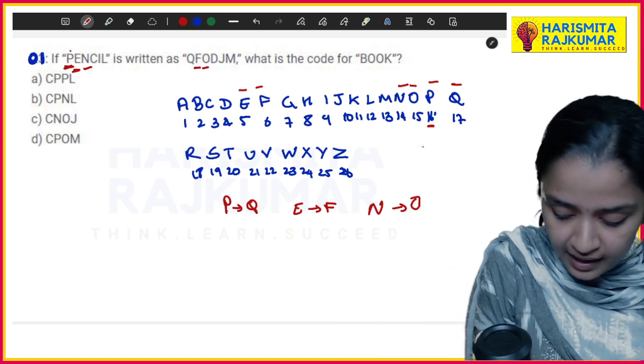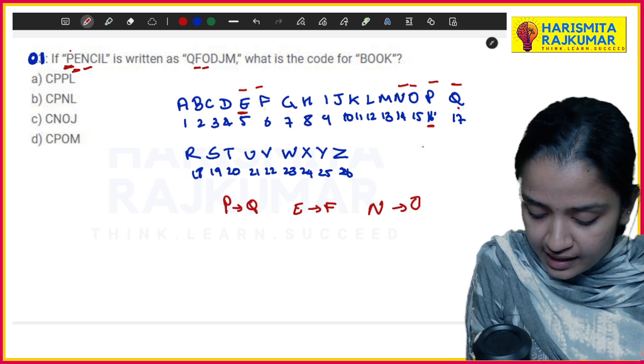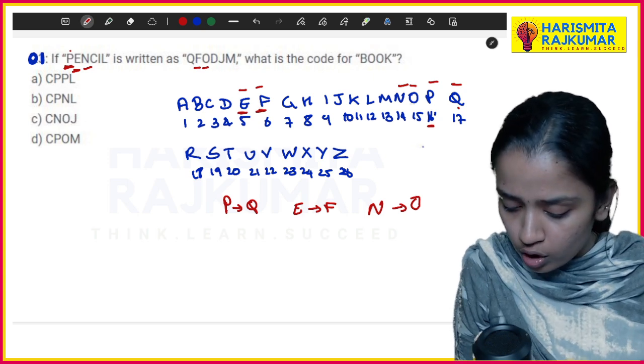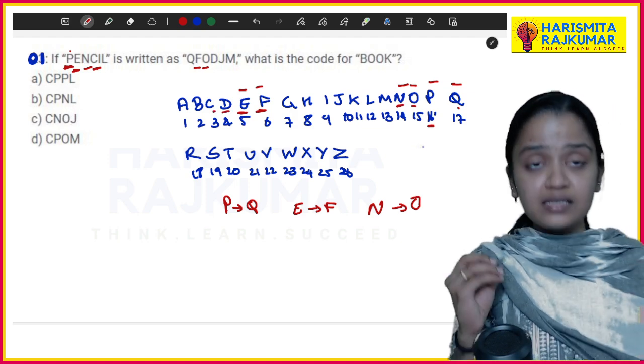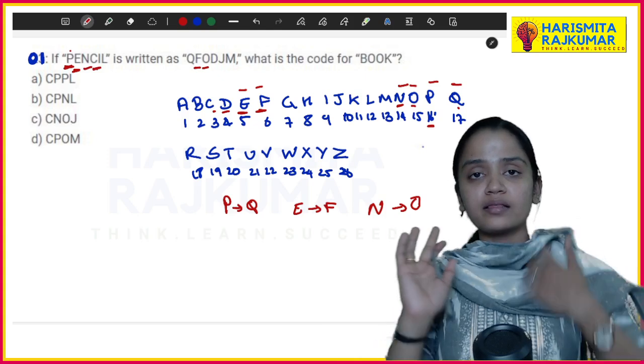If it is P, they write Q. If it is E, they write F. If it is N, they write O. Likewise, if it is C, definitely the next letter is D. So plus 1 letter they are writing.